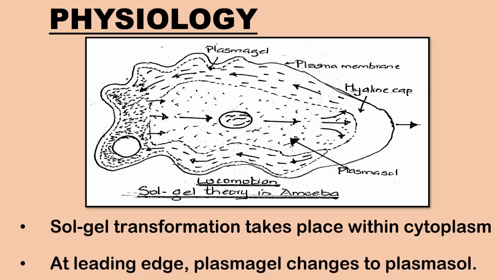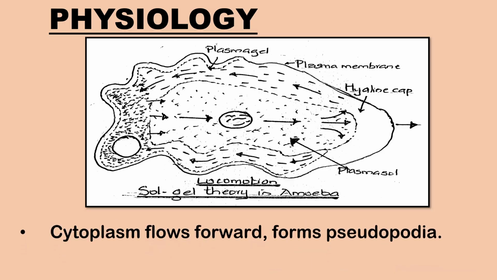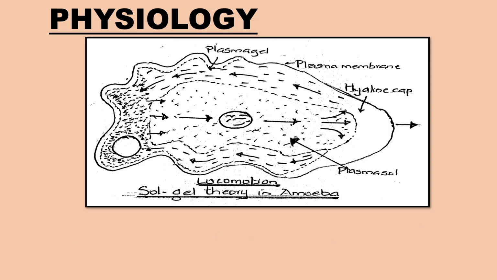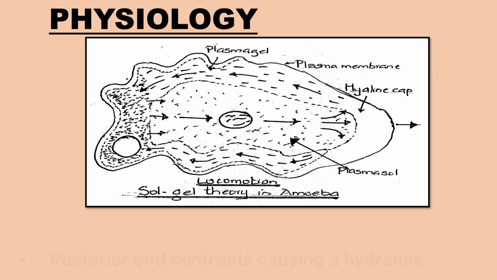At the leading edge of amoeba, plasma gel changes into plasma sol and becomes thinner and softer. This allows the cytoplasm to flow forward and form a pseudopodium. At the trailing end, plasma sol changes back to plasma gel, enabling the rest of the cell to move forward.